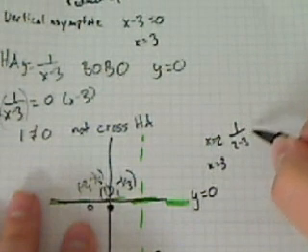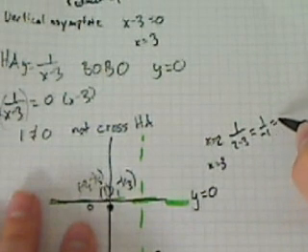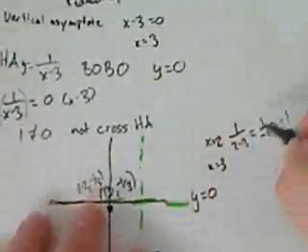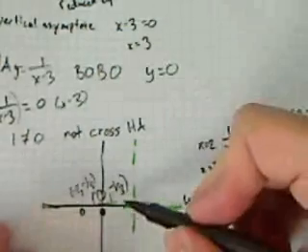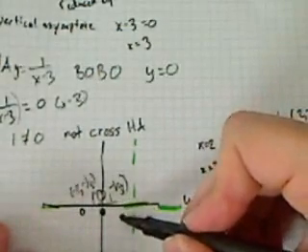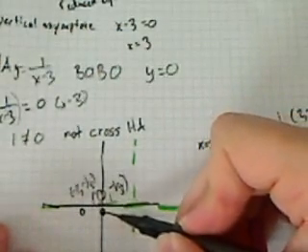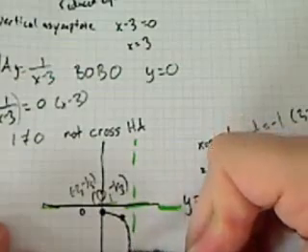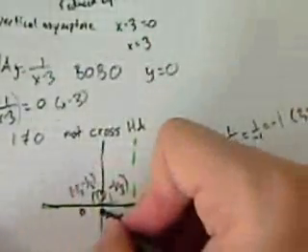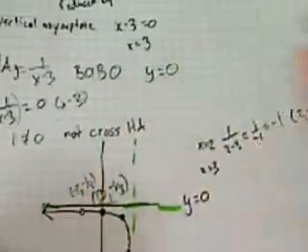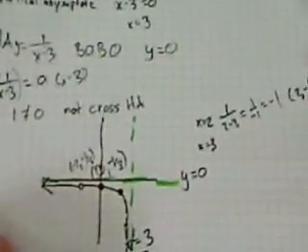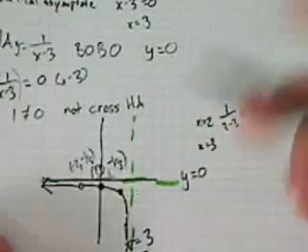So 1 over 2 minus 3 would be 1 divided by negative 1, or negative 1. That gives me the ordered pair (2, negative 1). So we can connect the dots and see it's going down to the left and to the right. So we've got half of our graph that looks like that.